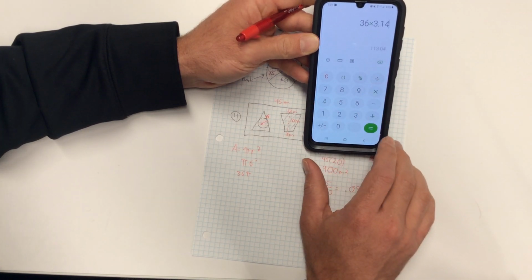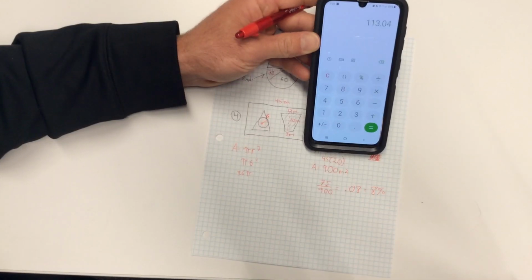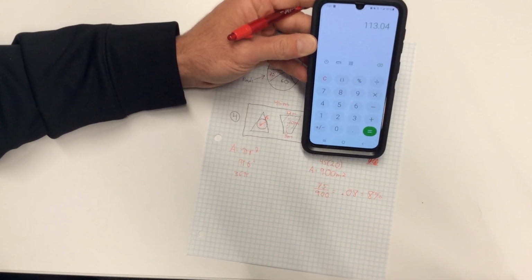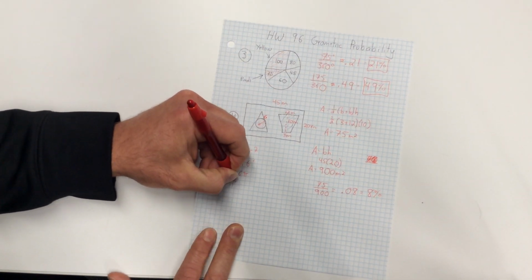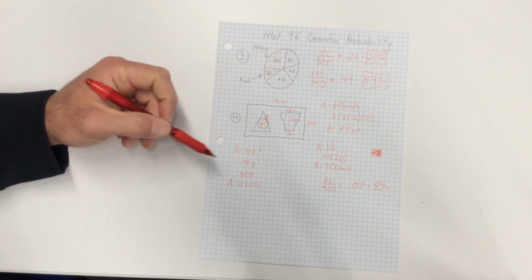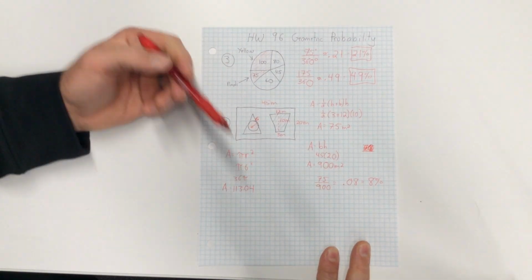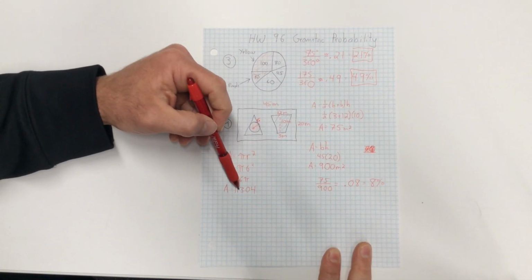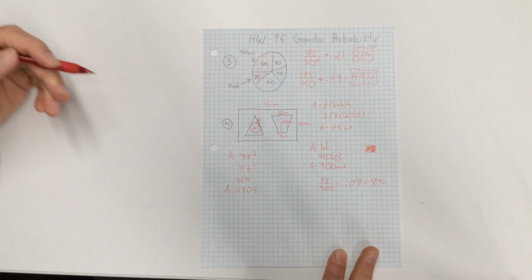The approximation is okay, though if you have the pi key on your calculator, go for it. 113.04. So this area is 113.04. Now, I'm going to go ahead and calculate the percent, but I can see already which one's more likely. I'll just probably need the number to prove my point, but we can see the circle actually has a greater area than the trapezoid, and so it's going to be more likely.